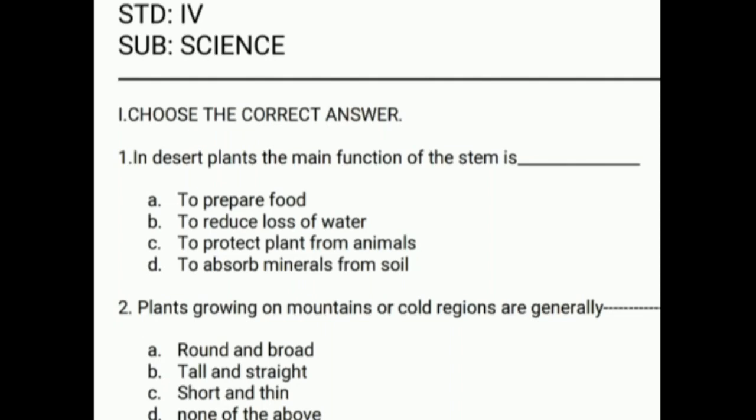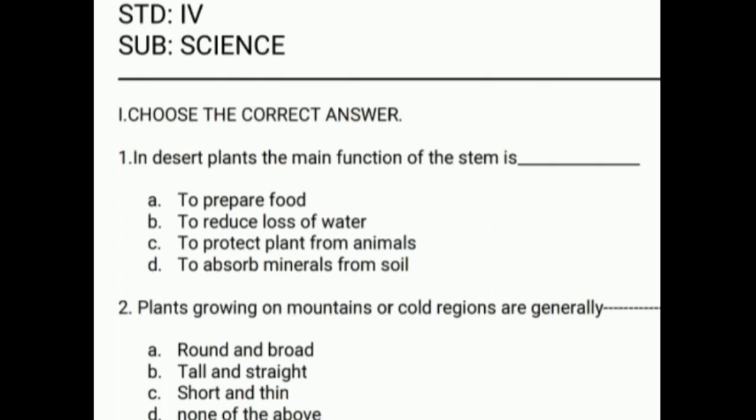Children, check your answers with me. Roman 1. Choose the correct answer. 1. In desert plants, the main function of the stem is dash. Answer, to prepare food. 2.